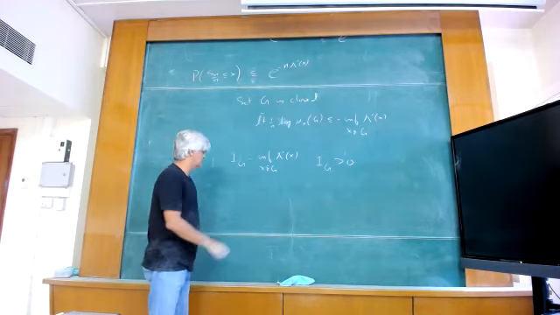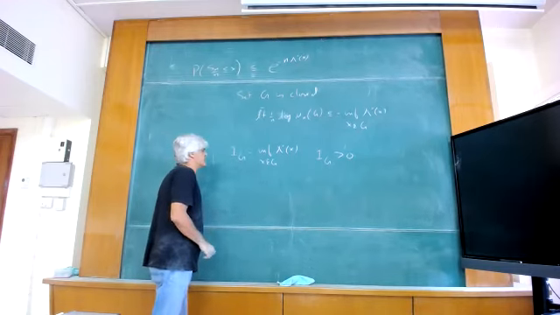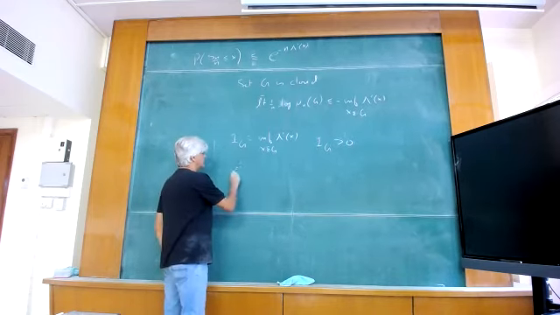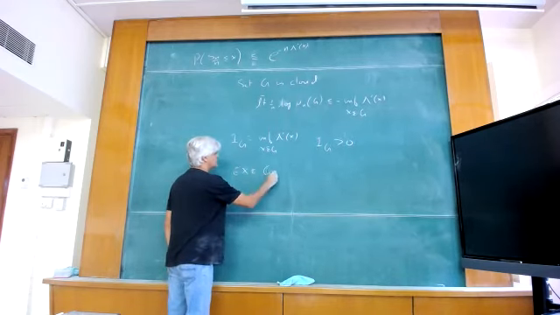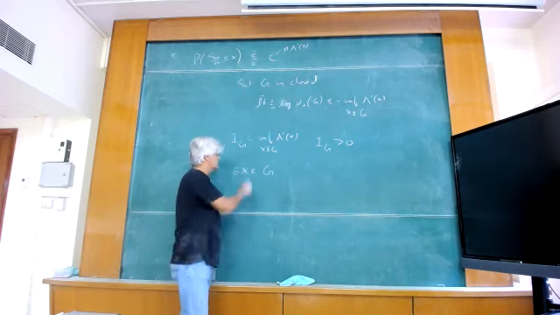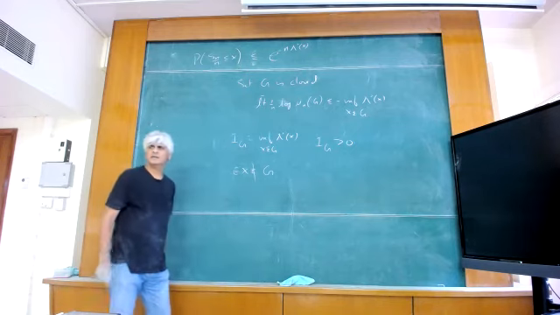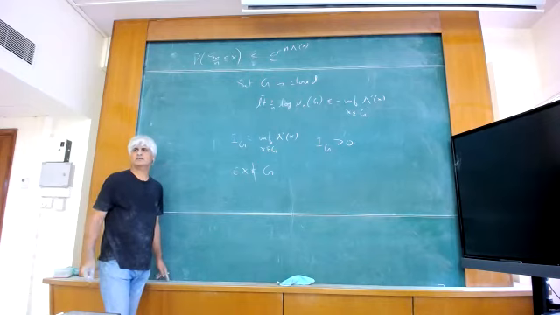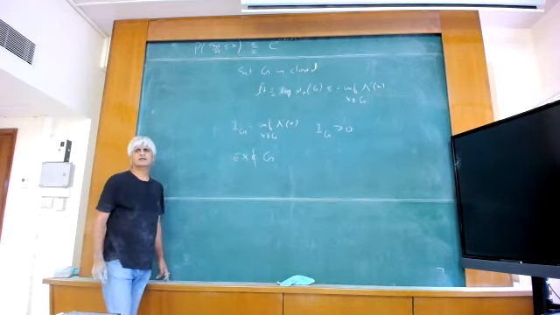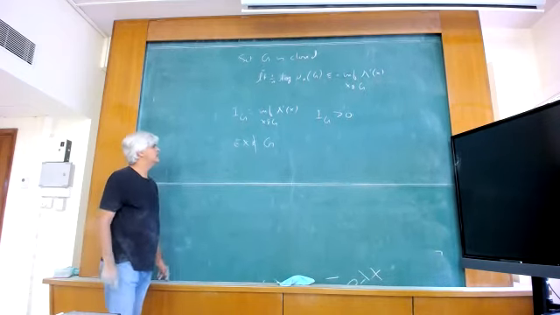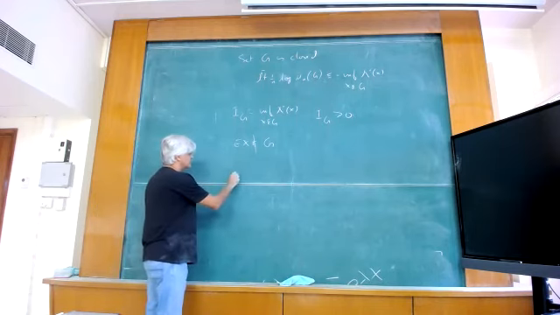That means E of X is not in G. If E of X was in G, then this would have been 0. So E of X is here.